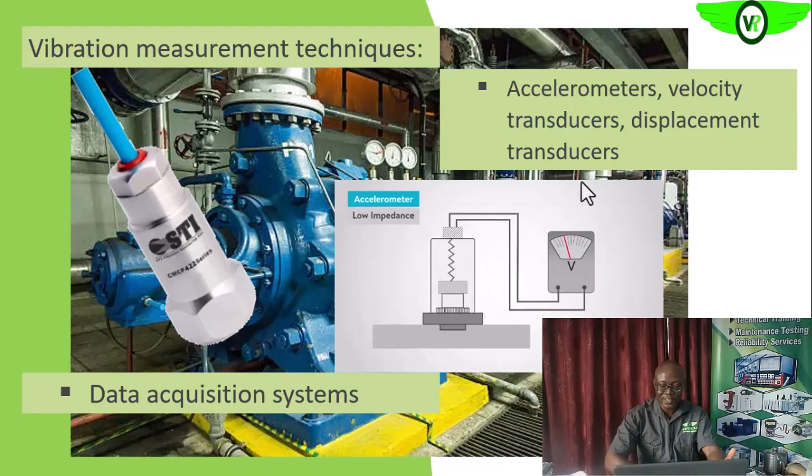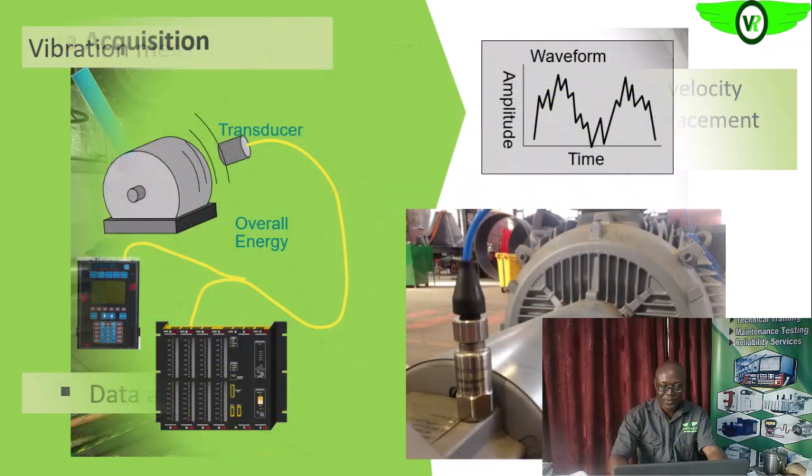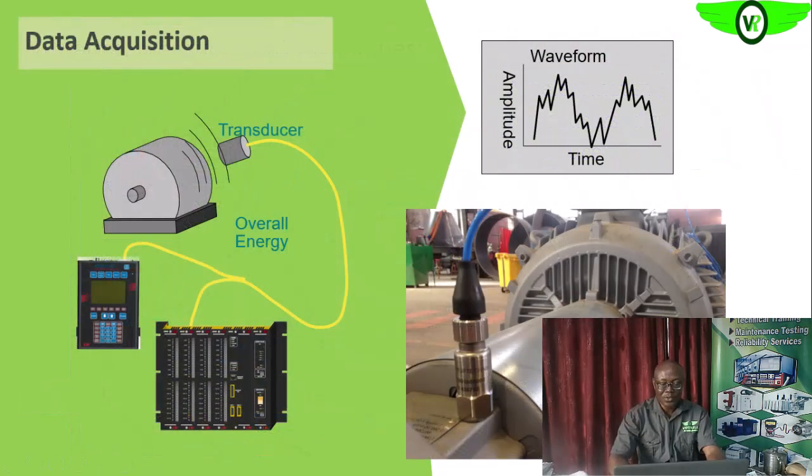In this particular case we have the analyzer. So you go to the field for data acquisition, place it on those positions either at the inboard or the outboard end, and acquire your information.